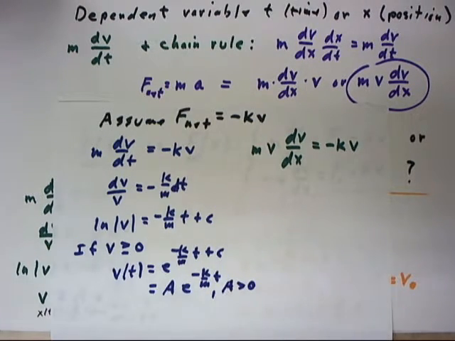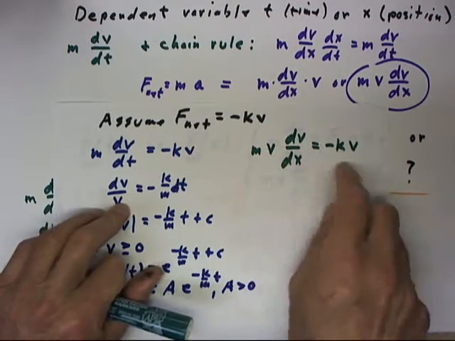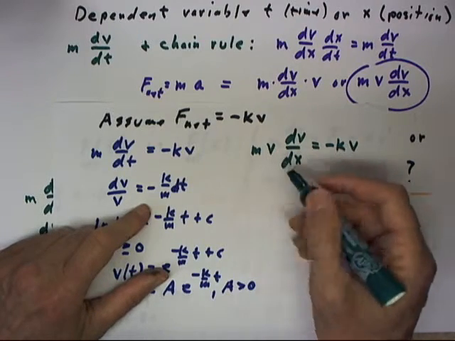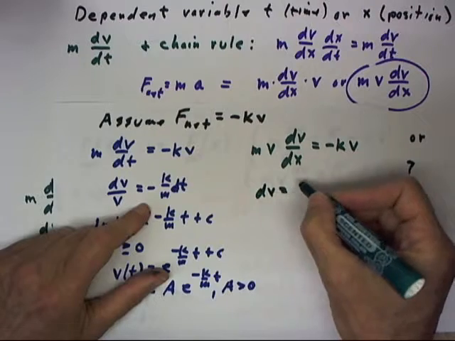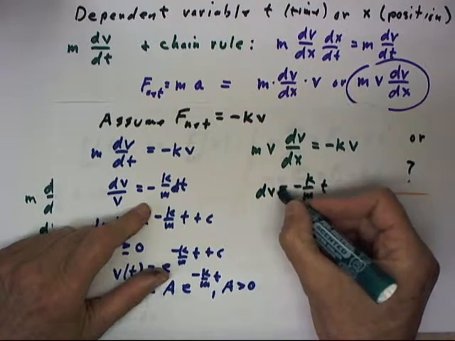If we want the velocity as a function of position, we can solve this equation. This is even easier to solve. The v's divide out, and we end up with just dv equals negative k over m dx.